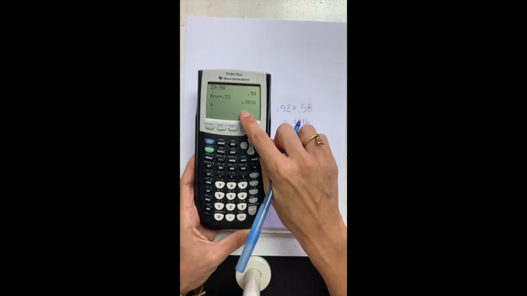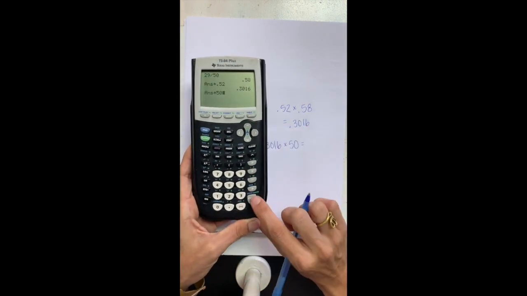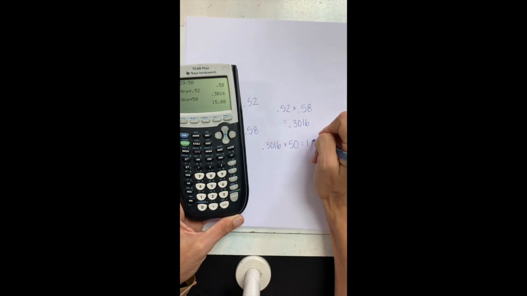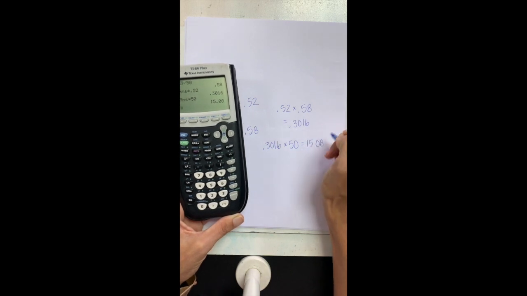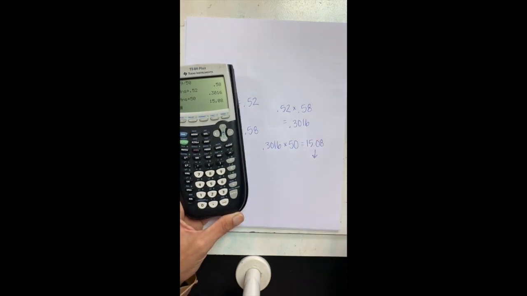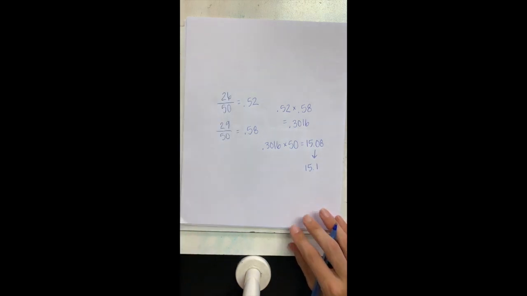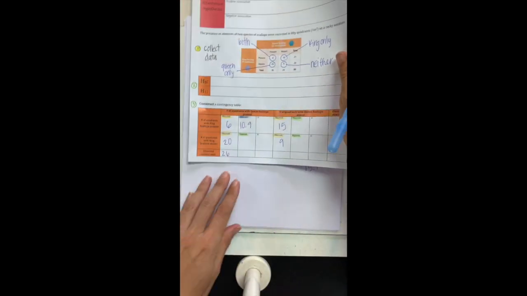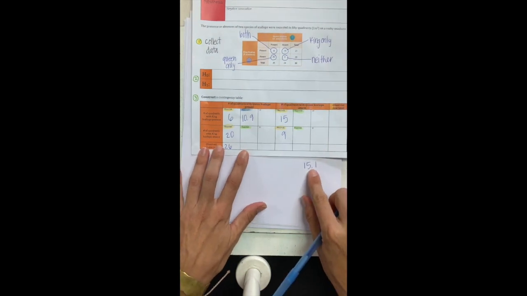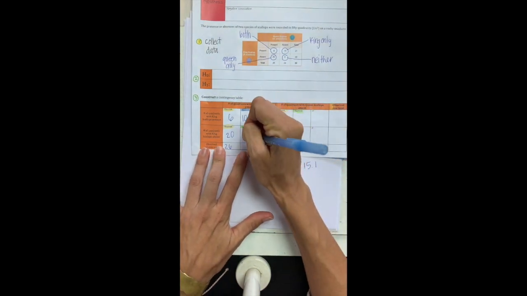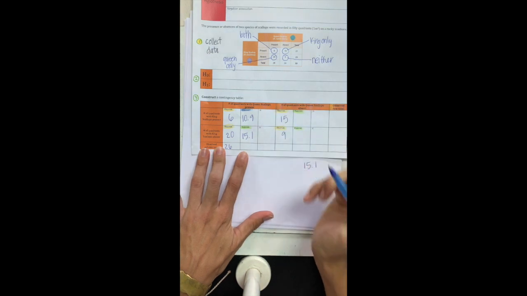So 0.3016 times 50 equals 15.08. Now let's round this. The 8 is higher than 5, so let's move this up to 15.1. Head back over to our contingency table, and let's plug that 15.1 in here.